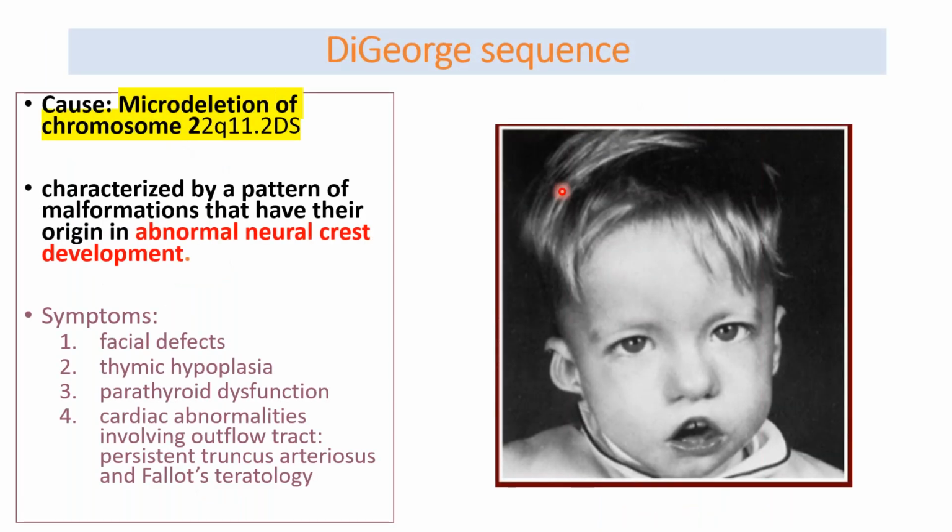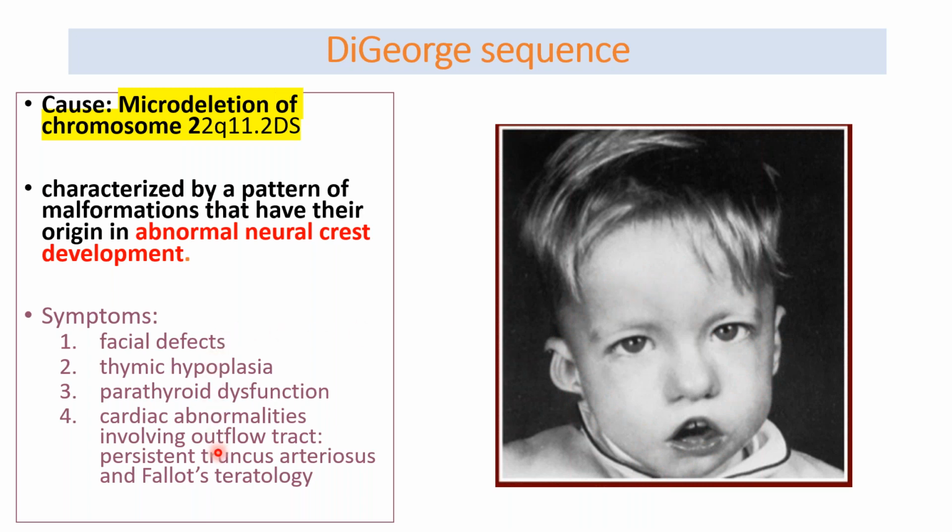There is a sequence, DiGeorge sequence, which is genetically the microdeletions of chromosome 22. This is characterized by a pattern of malformations that have origin in the abnormal neural crest development. And because the neural crest also has to form the facial development, the patient is going to come with facial defects also.